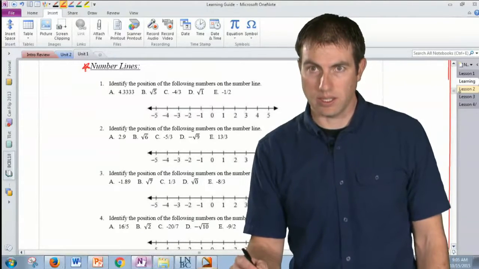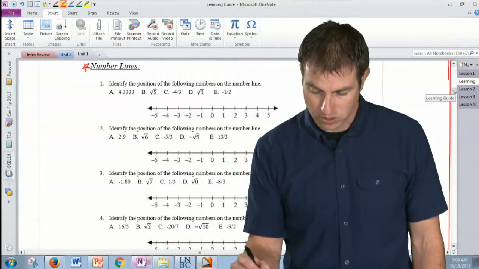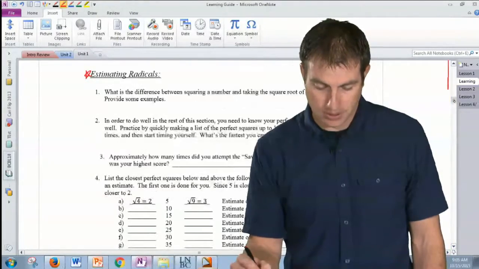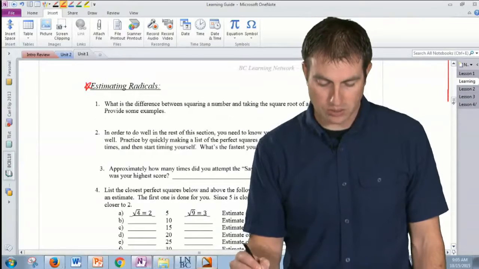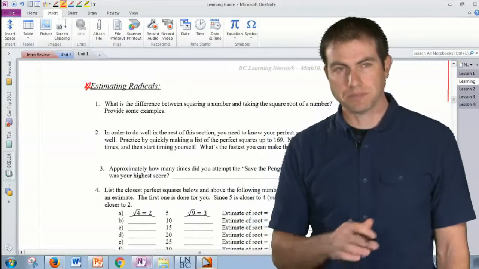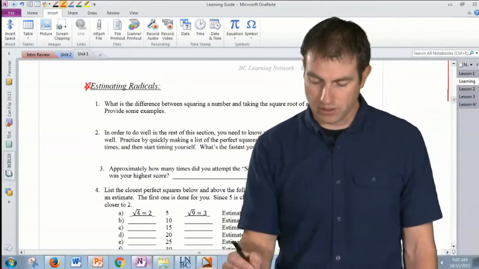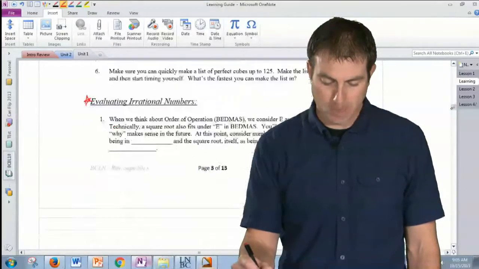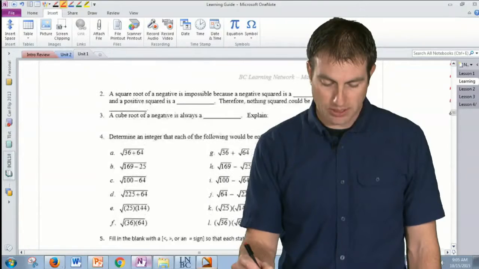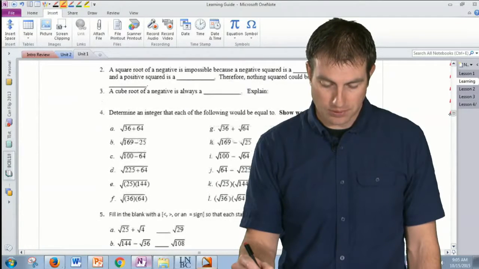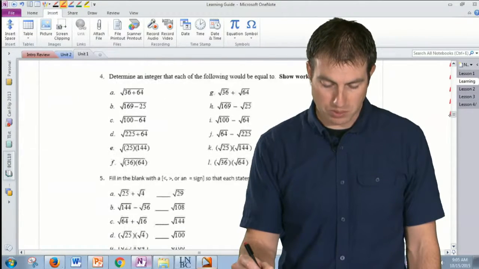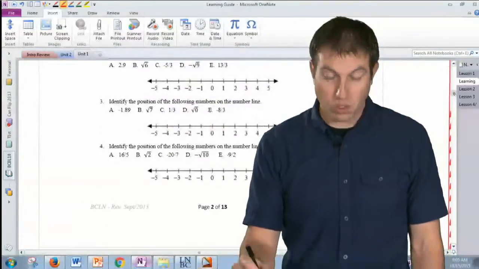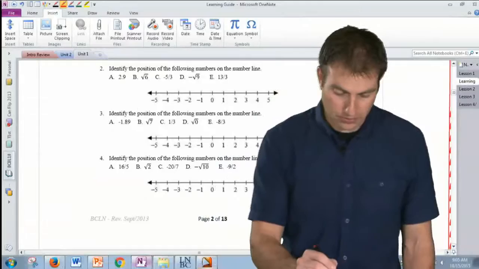Then evaluating radicals, stuff that we did yesterday. This is estimating either side of the radical and figuring out which perfect squares it's between, and then evaluating and doing some basic calculation stuff. So that's where we've got to thus far.